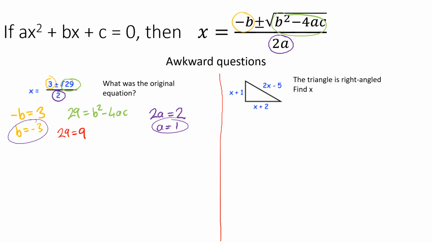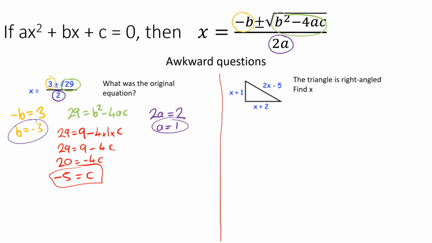Remember, negative times negative is positive, minus 4 times a, which is 1, times c. So we'll end up with 29 is 9 minus 4c, and then we've got a linear equation we can solve. Let's take away 9. 20 equals minus 4c, and let's divide by minus 4. Minus 5 equals c. So there's our three things.